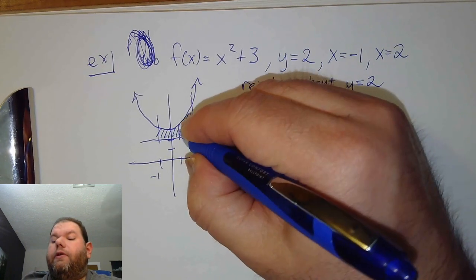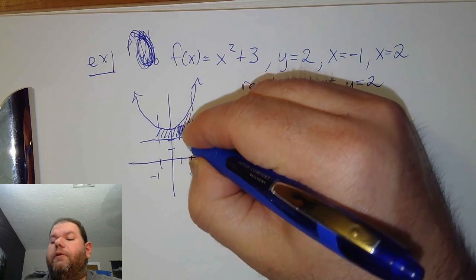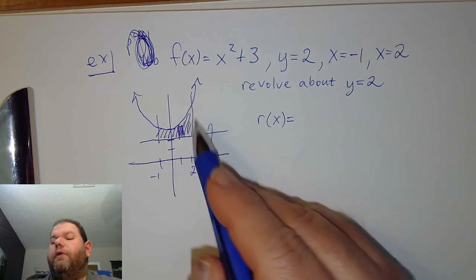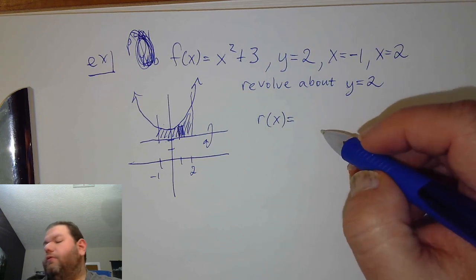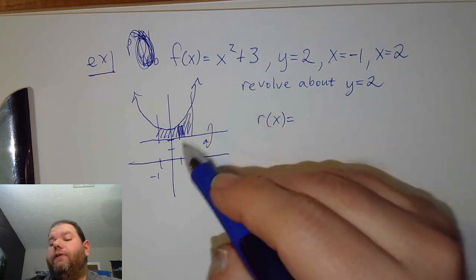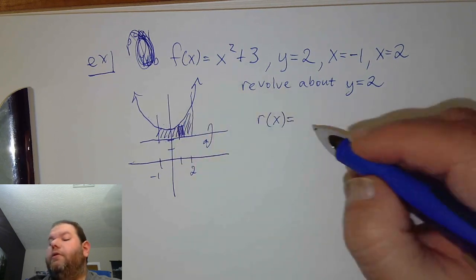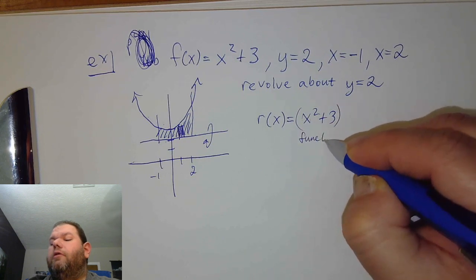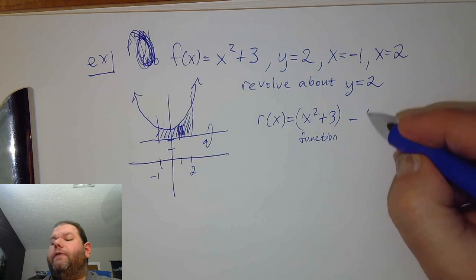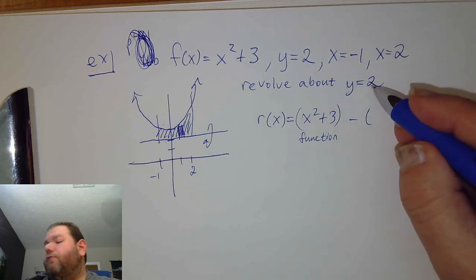So here's our radius, basically our vertical component between our curve and our axis. Well, our function is x squared plus 3. That's this top curve right here. Our axis is y equals 2, because we know that we're revolving around y equals 2.